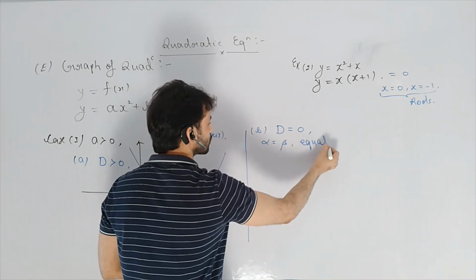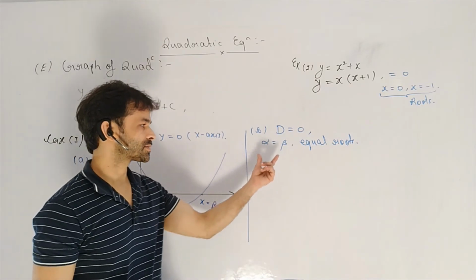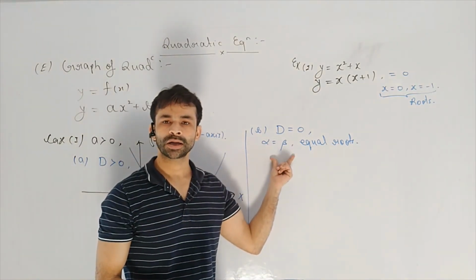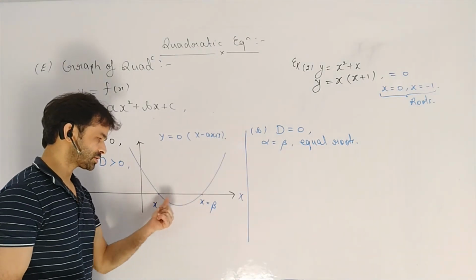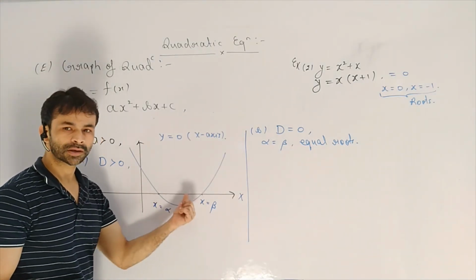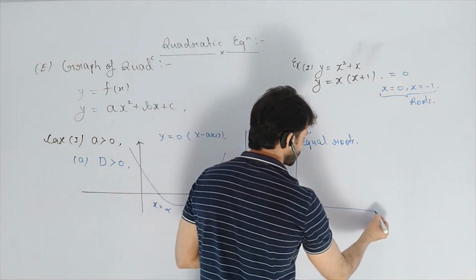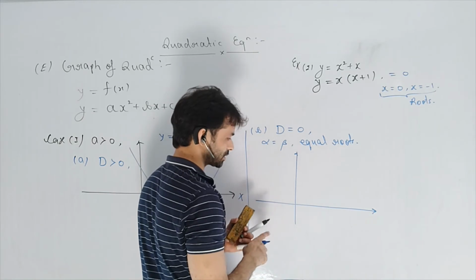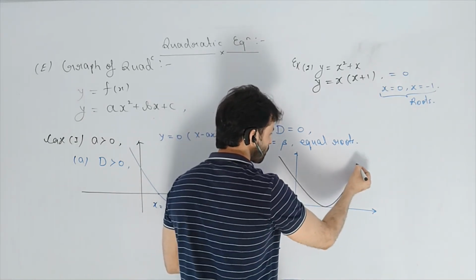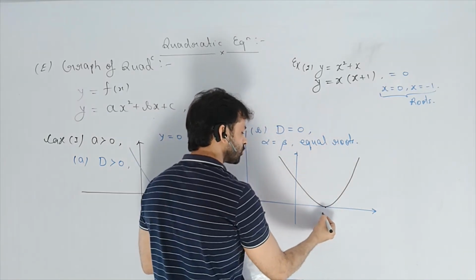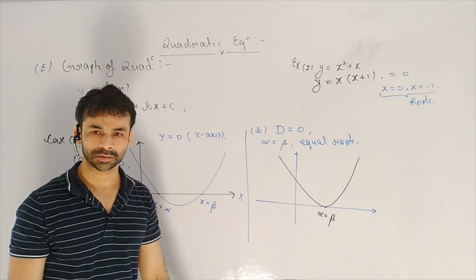The roots are equal means the point on the x-axis where the graph was cutting the x-axis, these roots, are equal. So how will the graph be? The graph will be like this, cutting at one point. One point means the roots are equal.